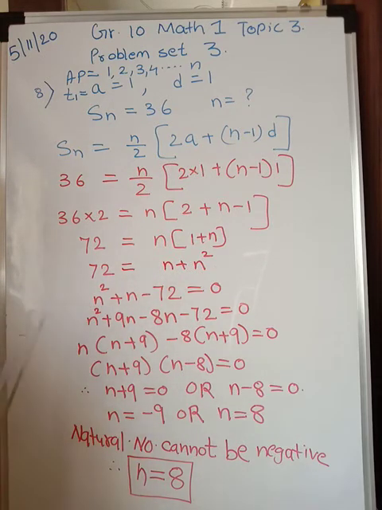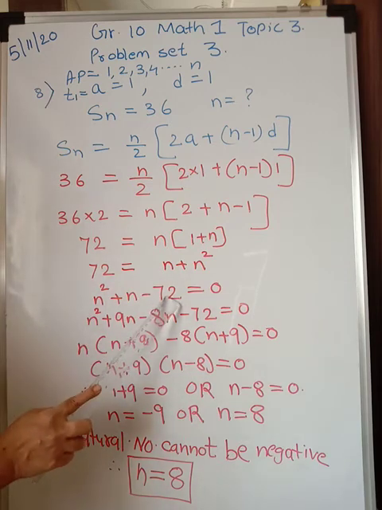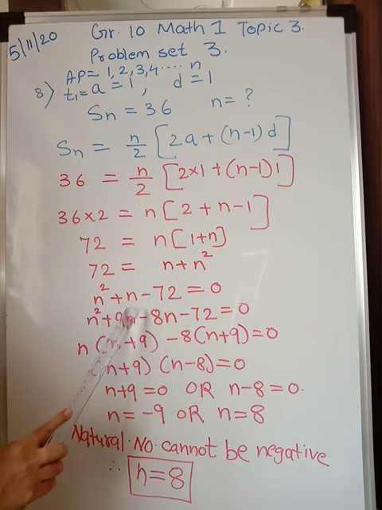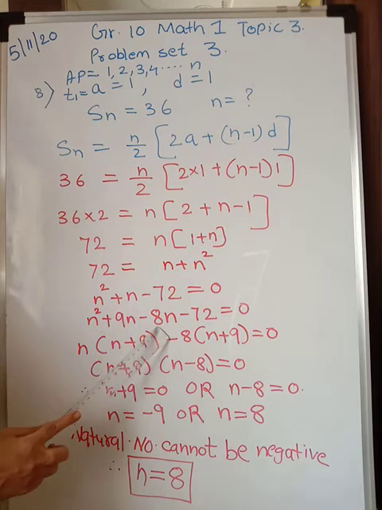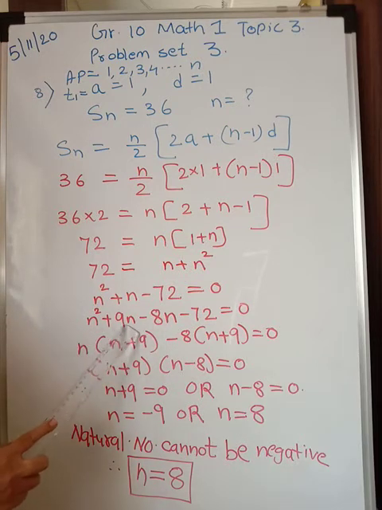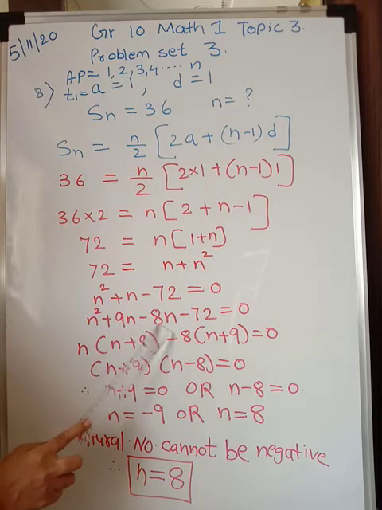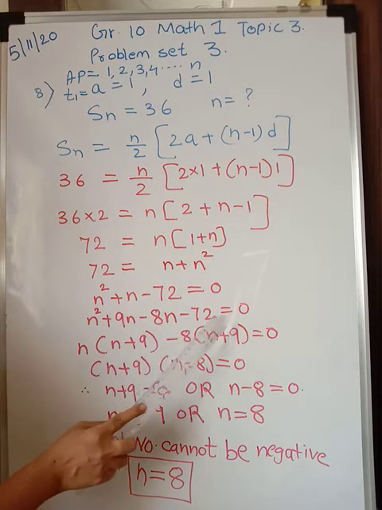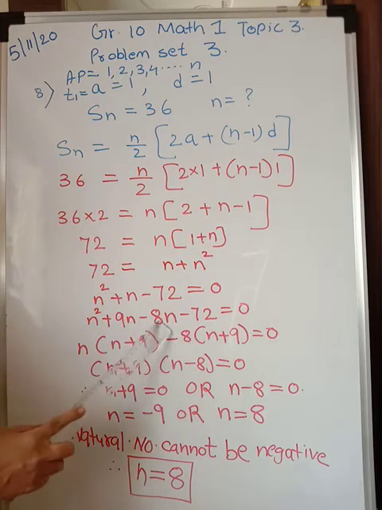Okay. Now factorize. Tell me two numbers whose product is 72 and whose difference is 1. So the numbers are 8 and 9. The bigger number will have the plus sign. So we have plus 9 and minus 8. So n square plus 9n minus 8n minus 72 is equal to 0. These two pair up.